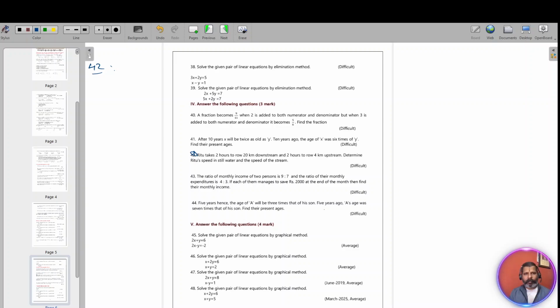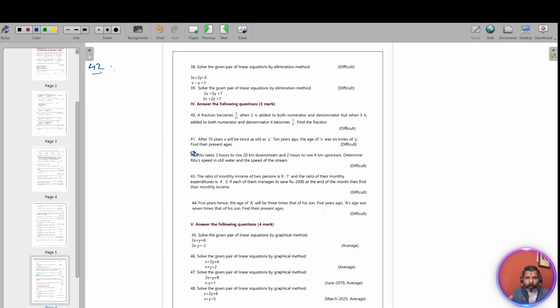When someone is going in the river in a boat, when a boat travels along with the stream, the speed is boat speed plus stream speed. When the boat goes in the opposite direction, means against the water flow, then the speed is boat speed minus stream speed, because the stream tries to stop it.